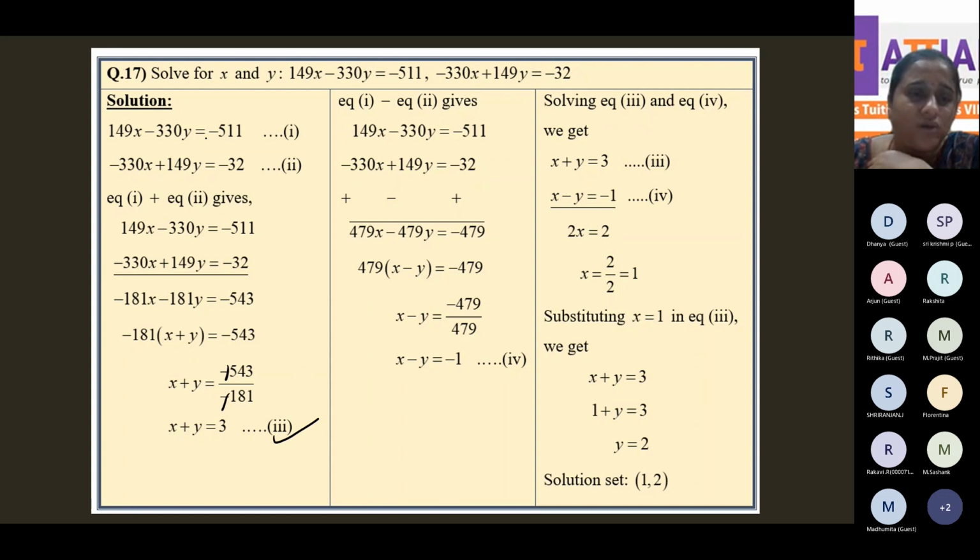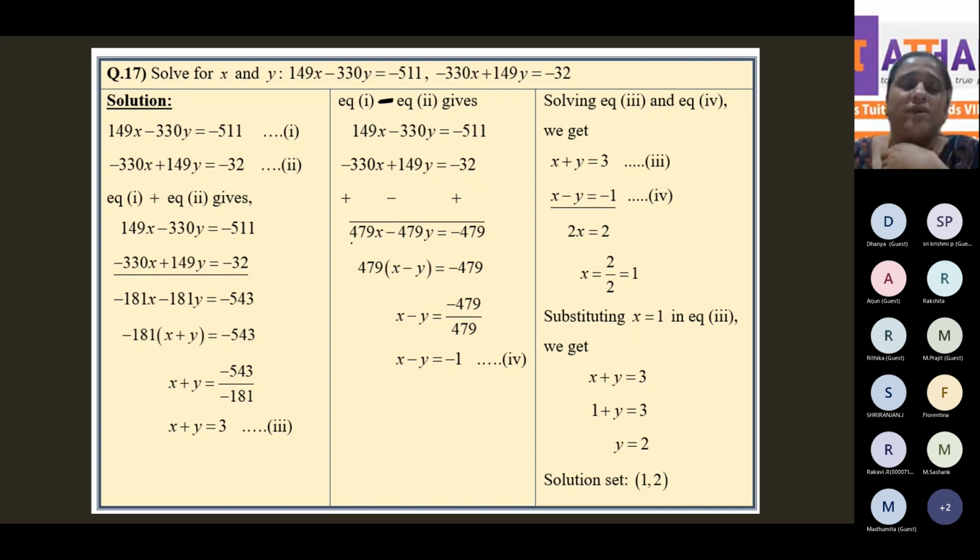Now again write the two original equations 1 and 2, and subtract them. That means change the signs throughout the second equation: minus plus, plus minus, minus plus. That means you're subtracting, equation 1 minus equation 2.